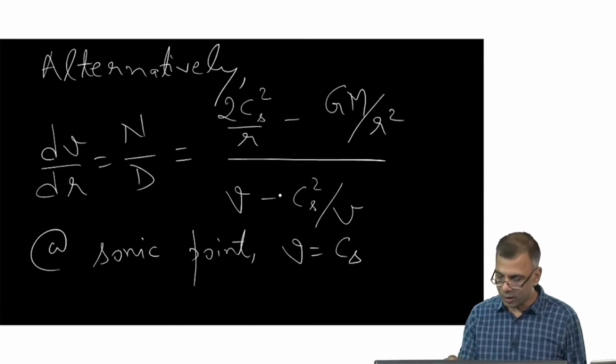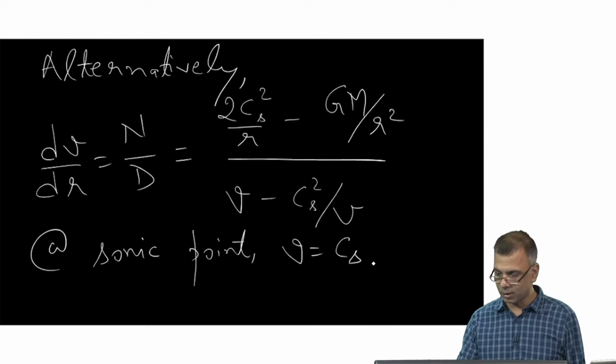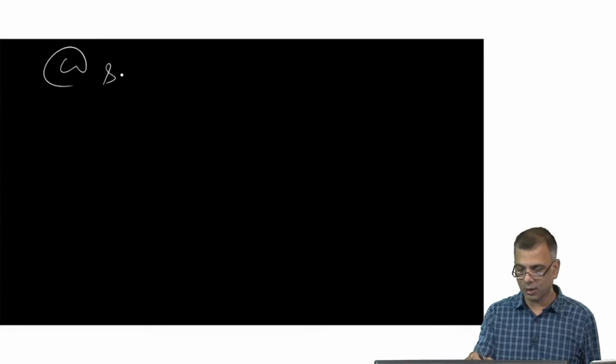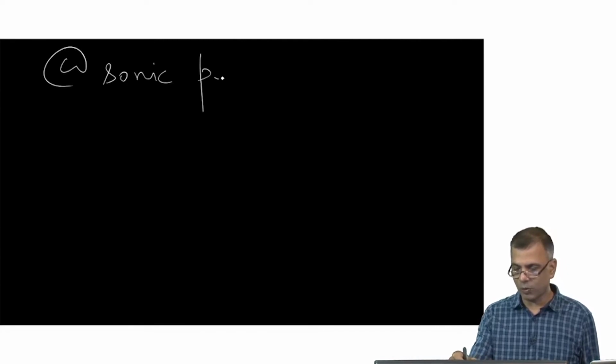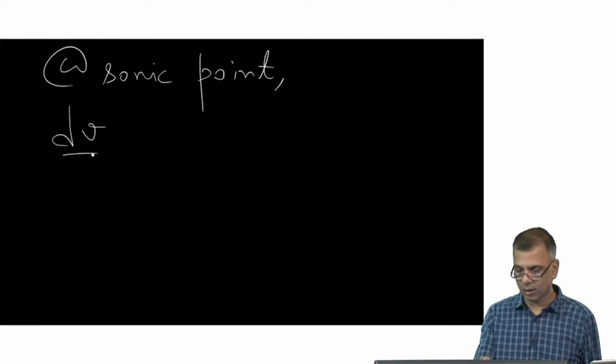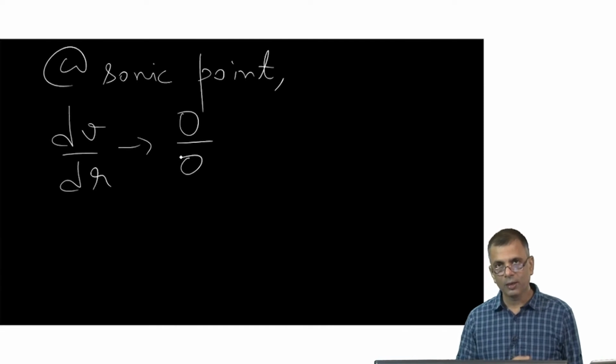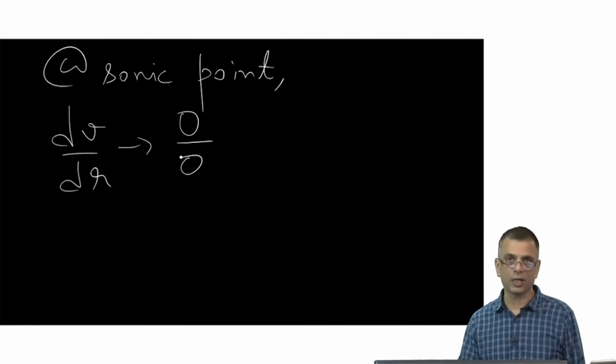So, when V squared becomes Cs squared, the denominator becomes 0 and the numerator also becomes 0. Okay. So, in other words, at the sonic point, the dV/dr assumes a 0 over 0 kind of character.